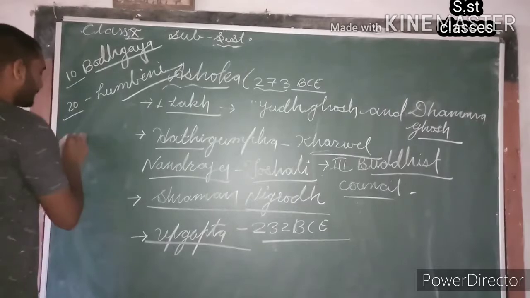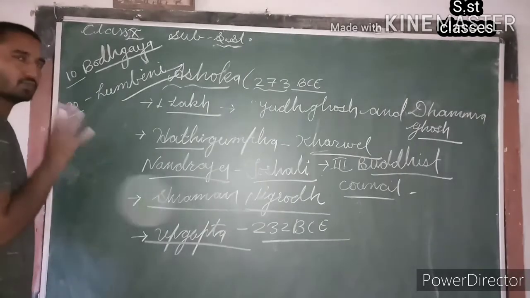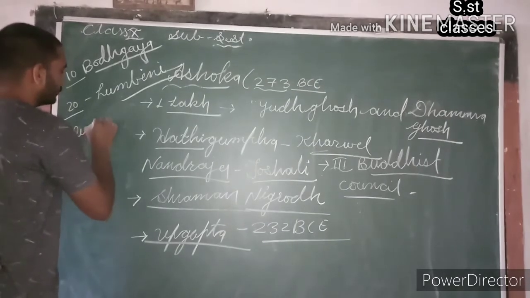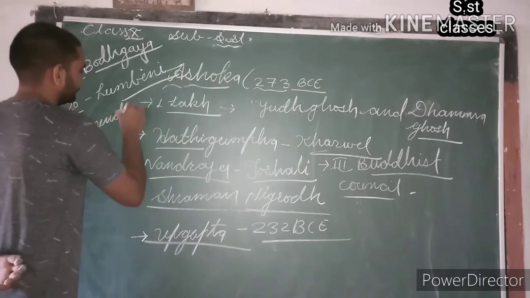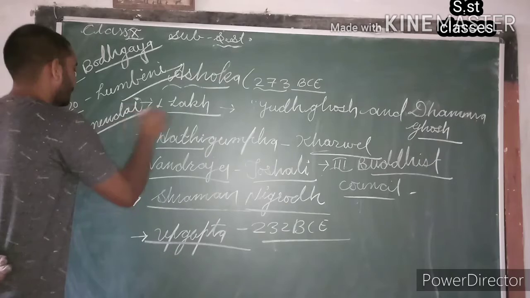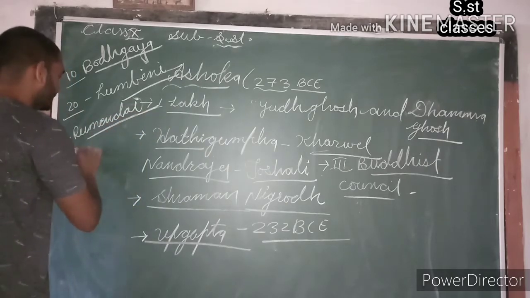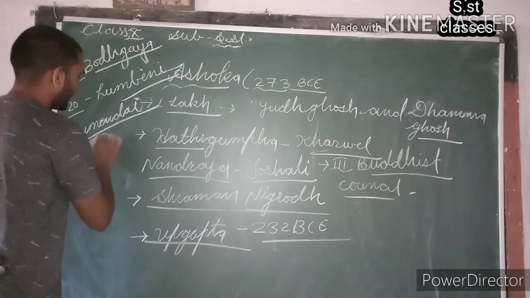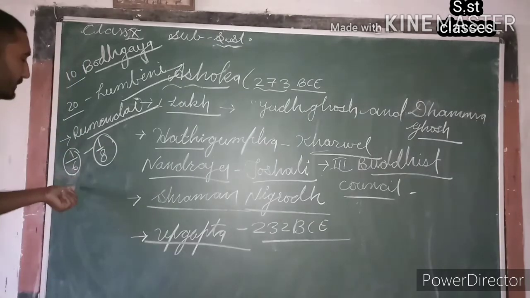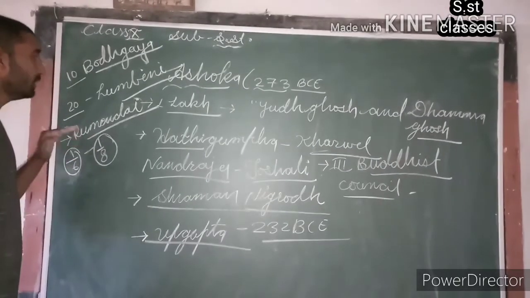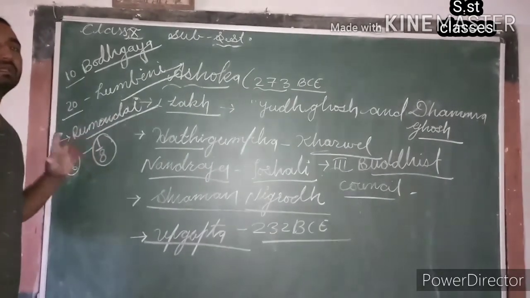Is that clear? Okay. After that, when he was on the tour of Lumbini, at a place called Rummindei, Ashoka reduced the tax from 1/6 to 1/8, and we find information about this tax reduction from the Rummindei inscriptions.